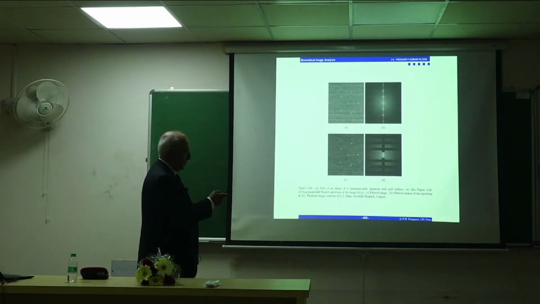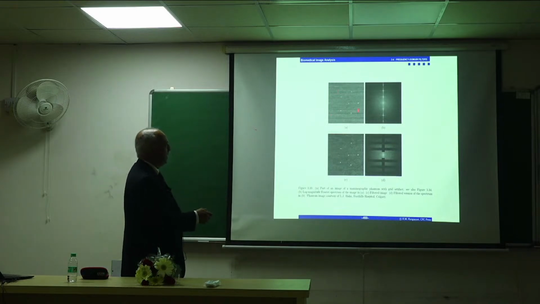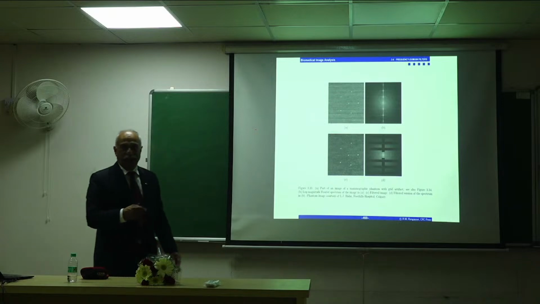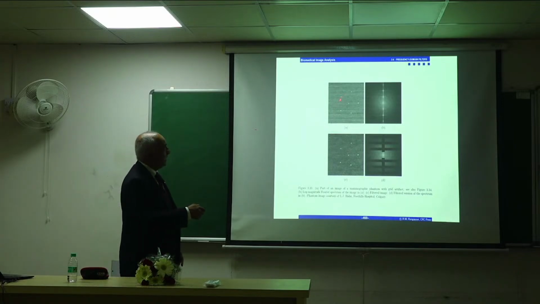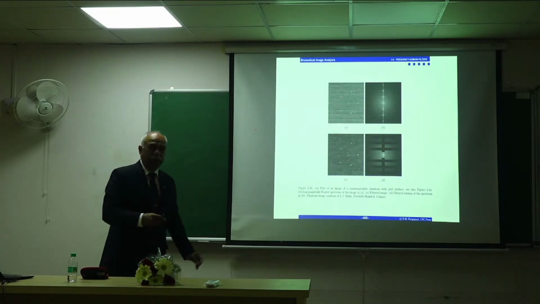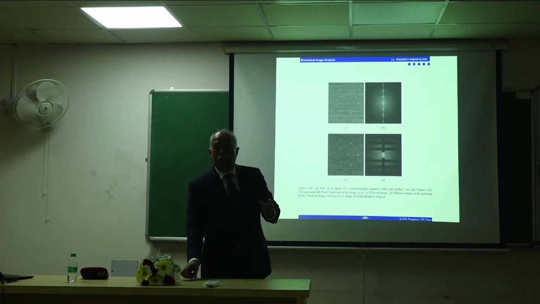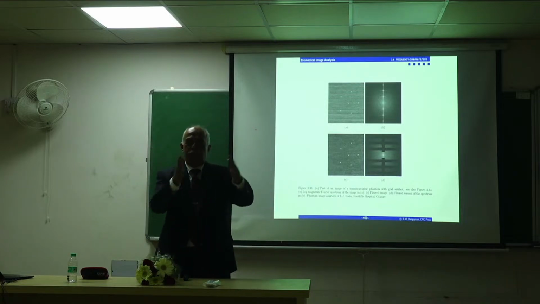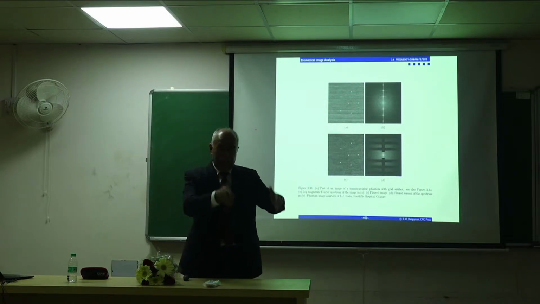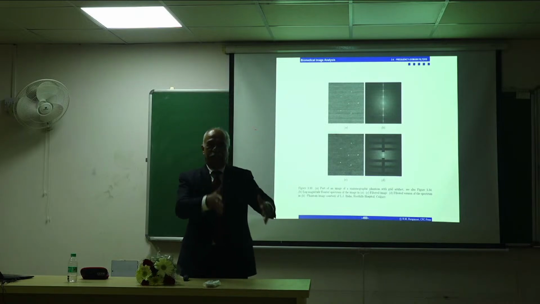So here is a part of an image of a mammographic phantom with calcifications. There are various phantoms for various parts of the body and different imaging modalities. A phantom is a test object that is created by various companies. They manufacture and sell them. You test your imaging system with that.